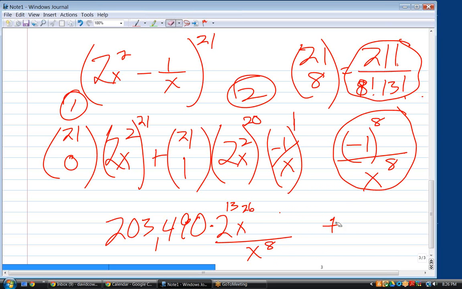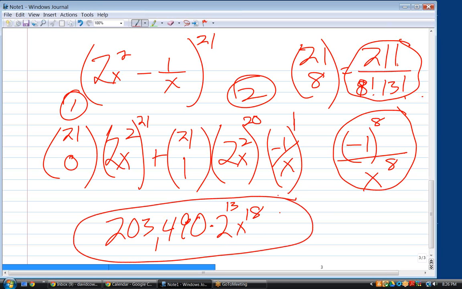So now there's further simplification we can do. What's the new x exponent? x to the 18th? Yeah. And that's probably the answer they're going to give you. They may actually say 21 factorial over 8 factorial times 13 factorial times 2 to the 13th times x to the 18th.